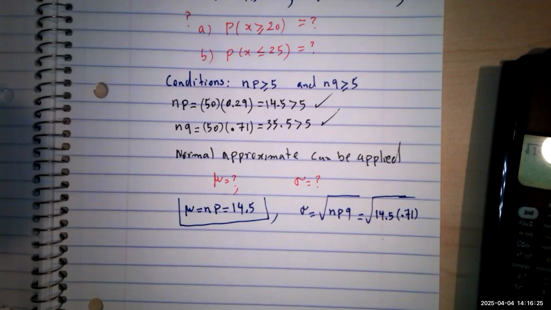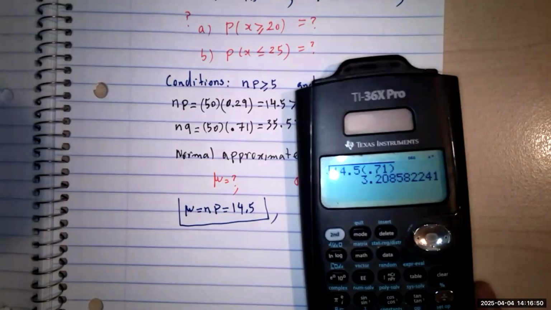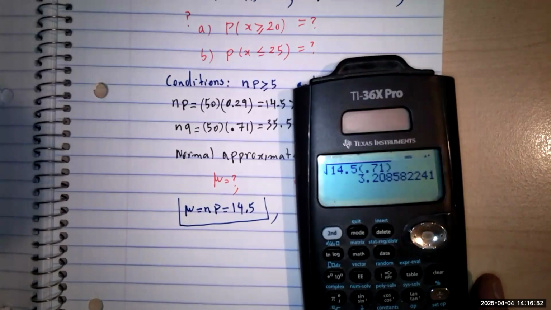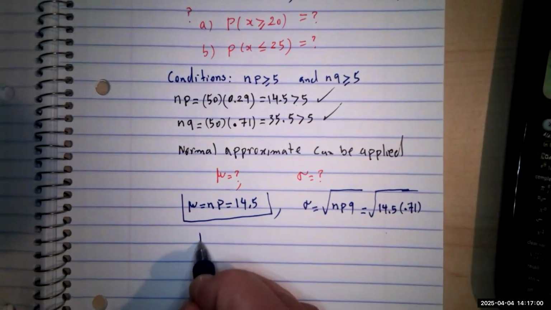Let me double check it again. 14.5 times 0.71, and the answer is 3.208. I'm going to call it 3.21. So the sigma would be 3.21.